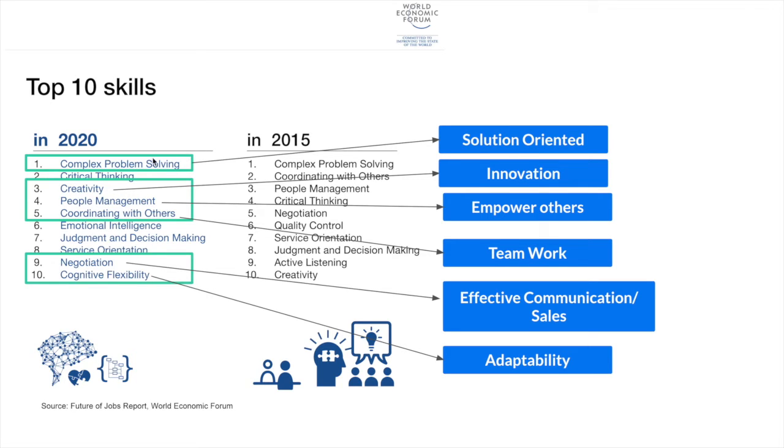For example, there's complex problem solving, which is aligned with us in terms of solution-oriented; creativity, which is aligned with innovation; people management is usually about empowering others; coordinating with others usually is about teamwork, and so on and so forth. Like, for example, effective communication, adaptability.